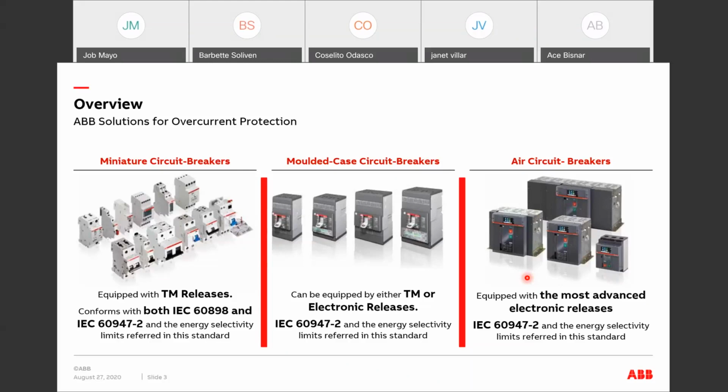I think here in the Philippines, this is a standard that we as practitioners need to know and understand, primarily because IEC is being adopted nationwide as part of the design and specification of buildings and low voltage power systems.